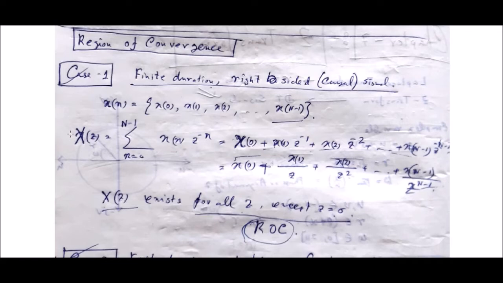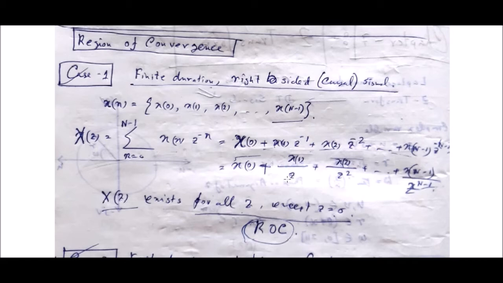And now see that this is the Z transformation of this signal, a finite duration right-sided signal. Now from common sense you can say that this particular Z transformation will be finite only if z is not equal to 0.